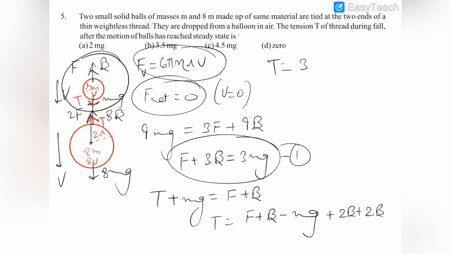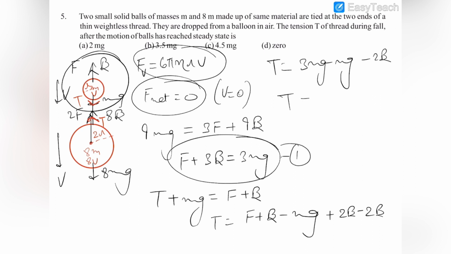So this is 3 mg minus mg, and we have to subtract one term, and this would be minus twice of buoyancy.